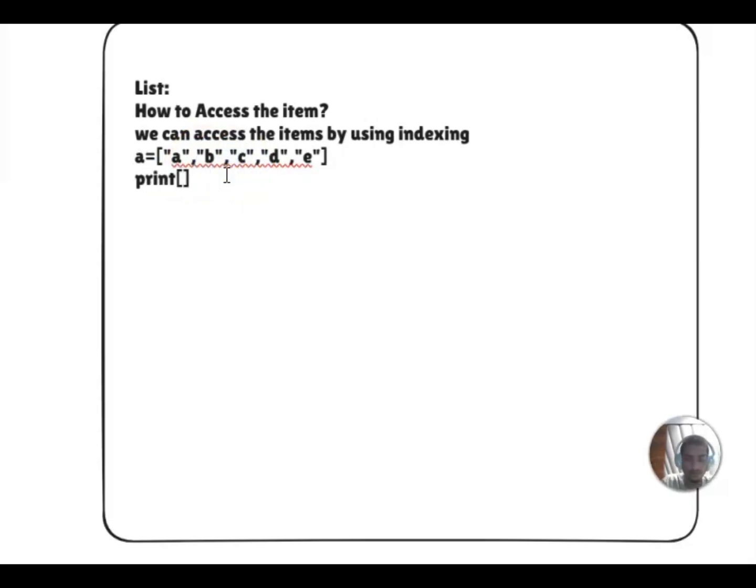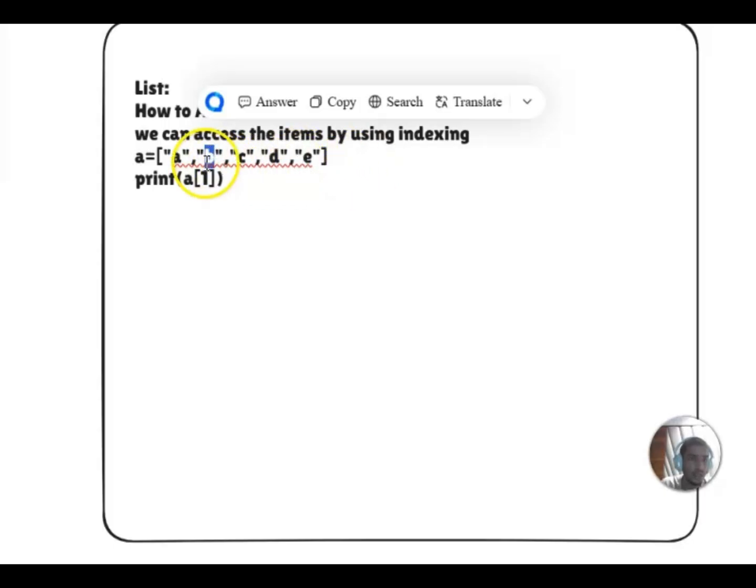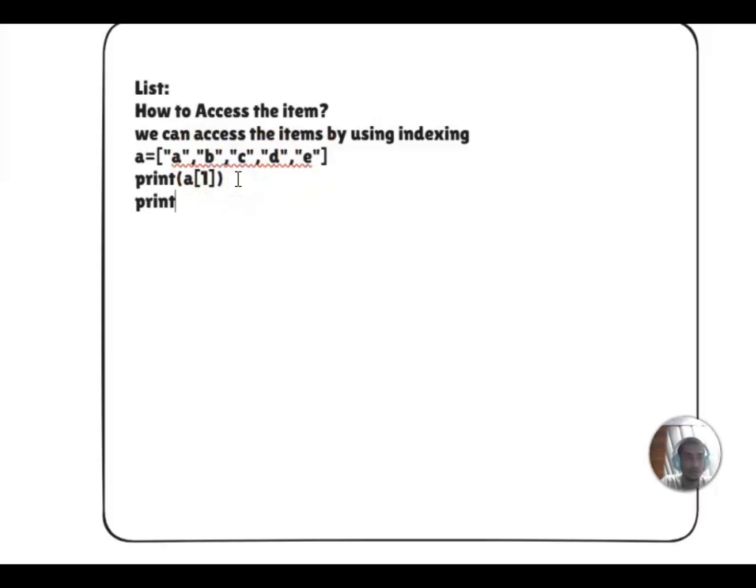Print a of 1, because I already explained the indexing values. b is taken as 1 or minus 4. Similarly, you can print a of 0, a of 1, 2, 3, and so on.